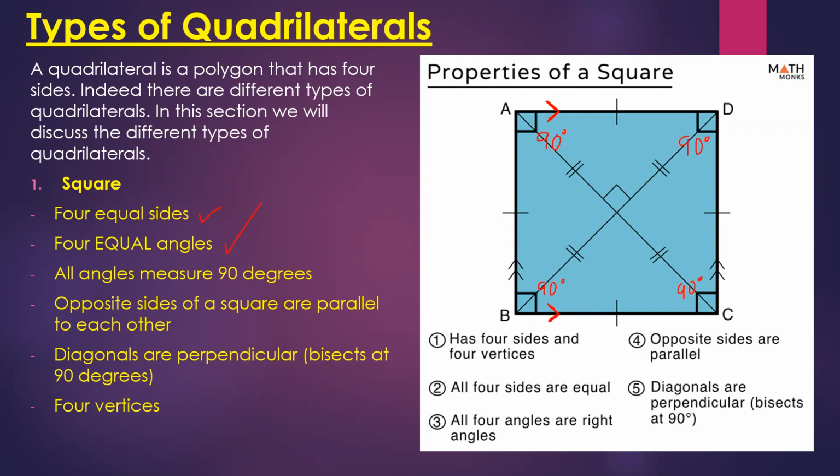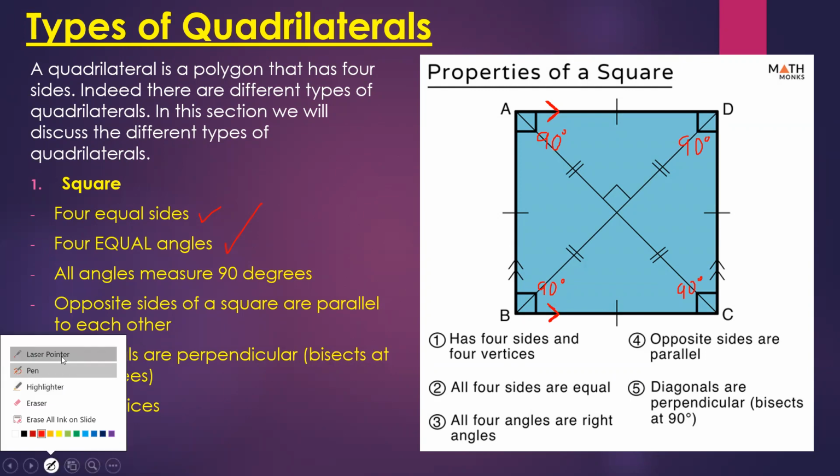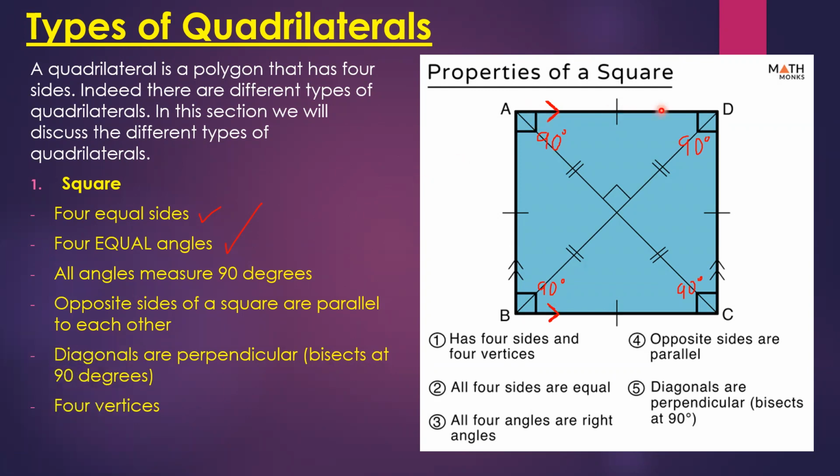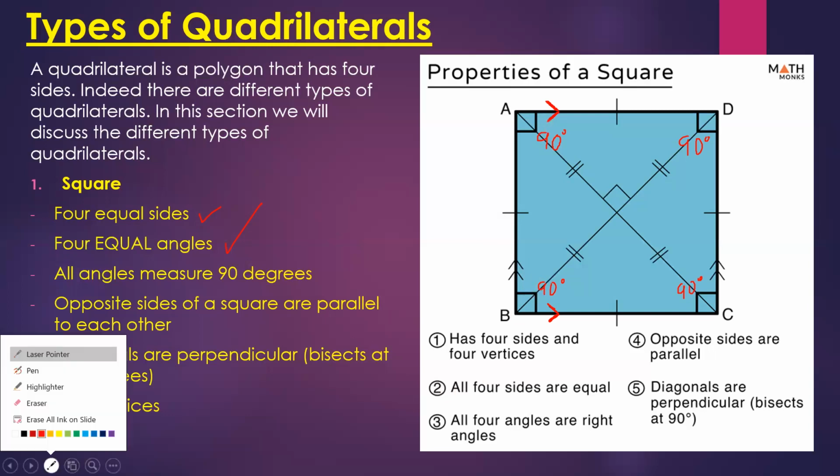And parallel lines never meet, right? They never intersect. They stay the same distance apart, okay? So this arrow represents that, listen, these lines are parallel. So opposite sides are parallel. Then there's another line that indicates that it is parallel.